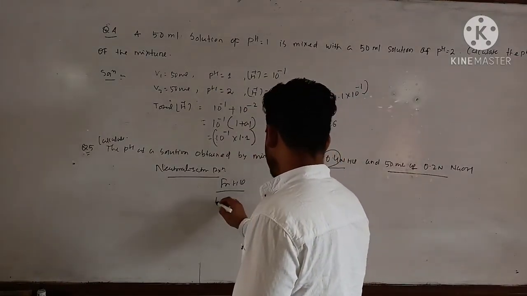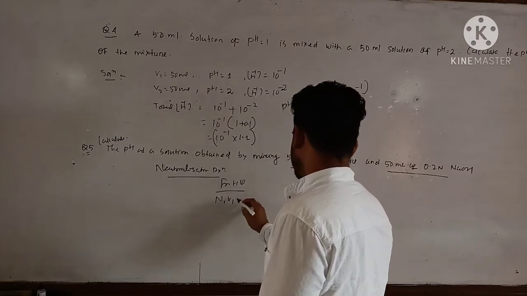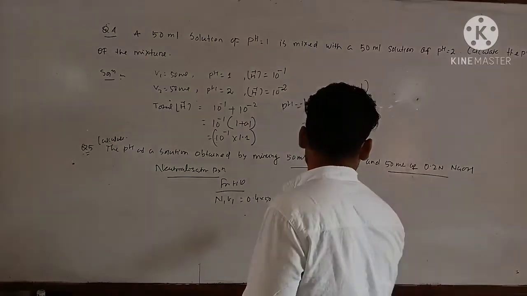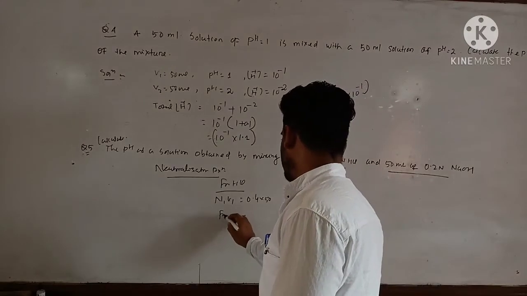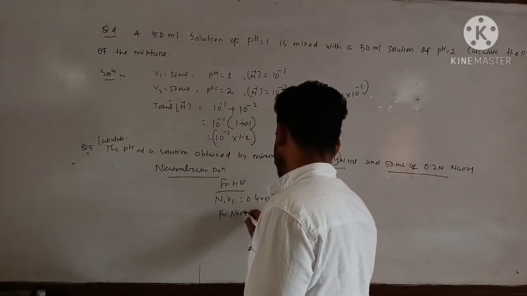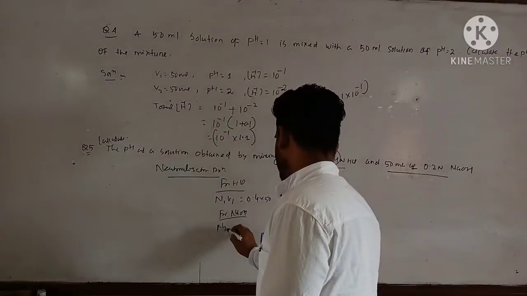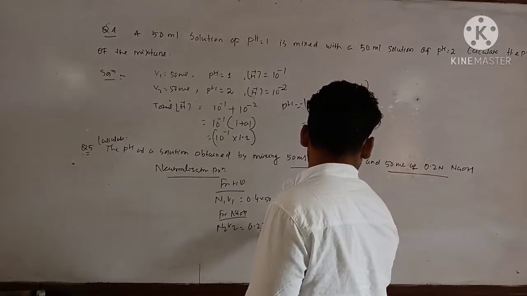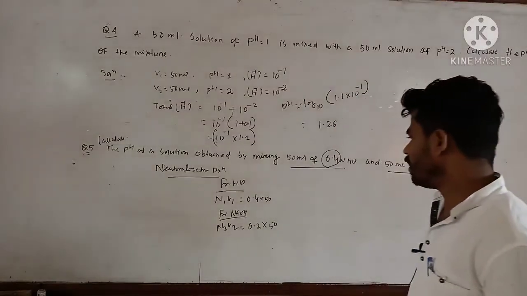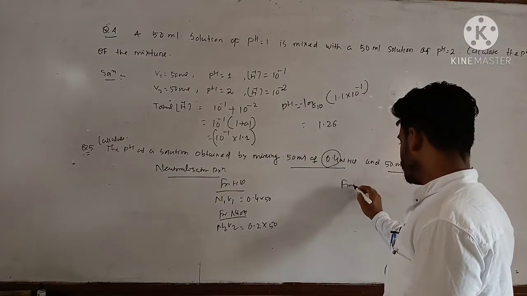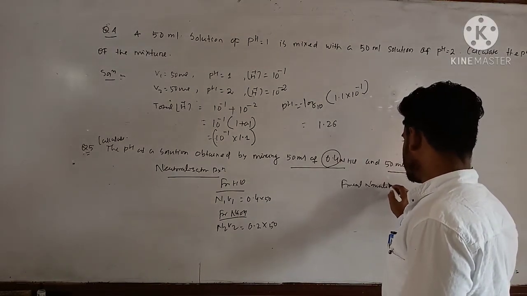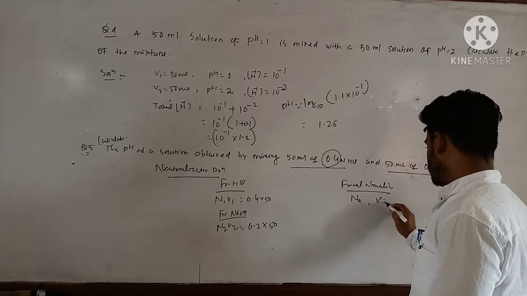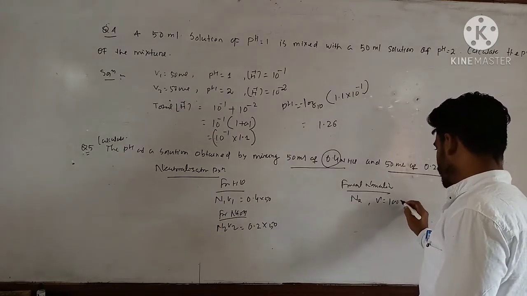N1V1, that is 0.4 into 50. That's clear. Similarly for the base, NaOH, this one is the alkali or base, that can be N2V2, that is 0.2 into 50. That clear? Let's say the final normality is Nr, and the total volume will be 50 plus 50, that is 100 ml.